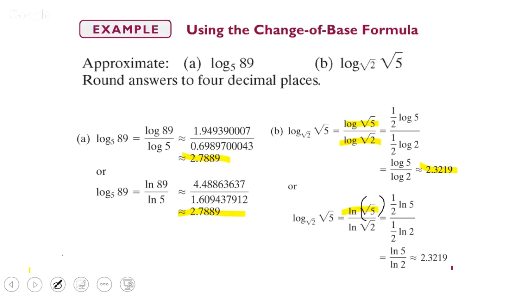If you don't close it, then it's going to think you're doing the ln of square root of 5 divided by ln of square root of 2, the whole thing. So here, make sure you're just doing ln of square root of 5 divided by just the ln of square root of 2. So make sure you close parentheses. You got to do that on all of them. So if you have parentheses in your calculator, just make sure to close them so you get the correct answer.